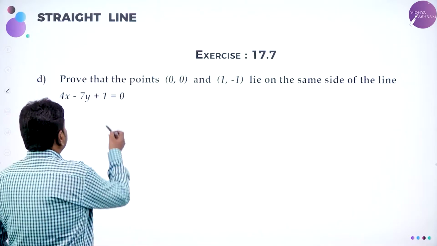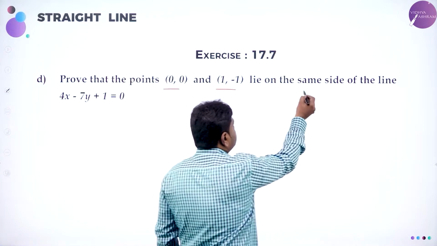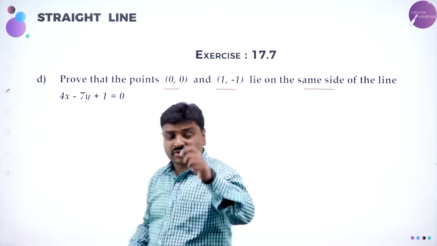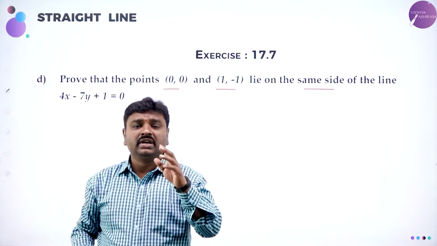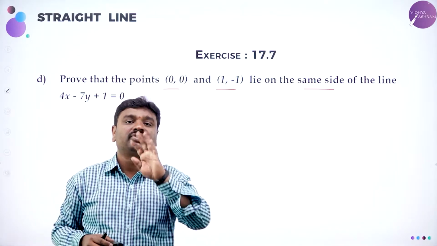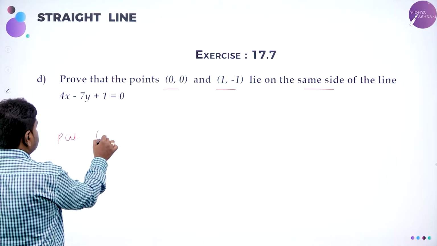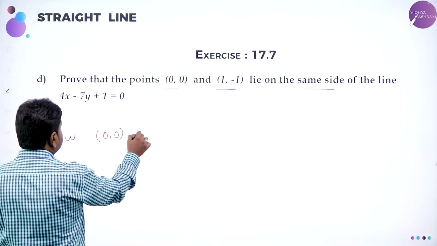And similarly, they will ask, prove that the points 0, 0 and 1, -1 lie on the same side. Lie on the same side means when you substitute the point in the line, you should get either both positive or both negative. Both should give you the same sign. So now put 0, 0 in the LHS of the line.